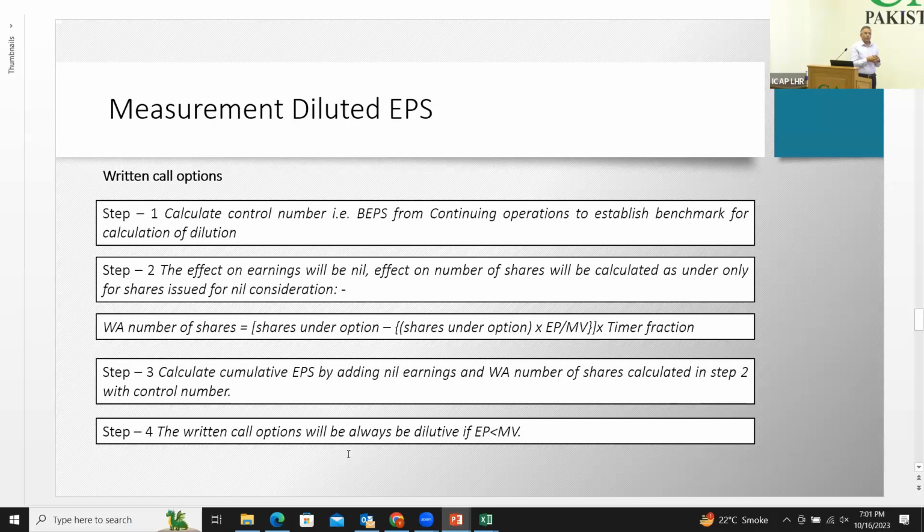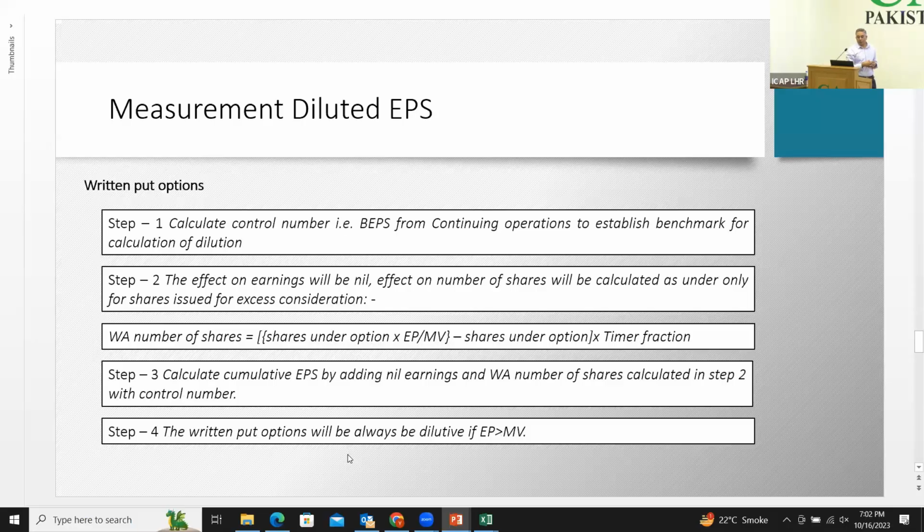So you calculate those options which are issued for full consideration and those which are issued for nil consideration. There's a very simple factor: options under contract multiplied by exercise price divided by market value. That will be the number of shares issued for full consideration. The rest of the shares will be for nil consideration. So only the shares issued for nil consideration will become part of the dilutive earning per share.